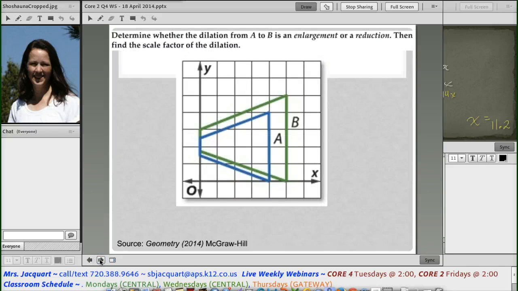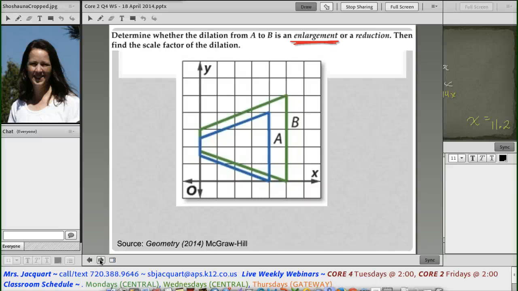Okay, so determine whether the dilation from A to B is an enlargement or a reduction. What do you think? Did B get bigger or did B get smaller? B got bigger.